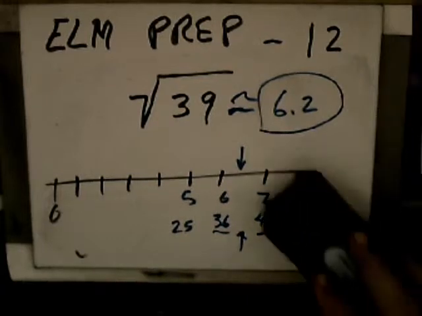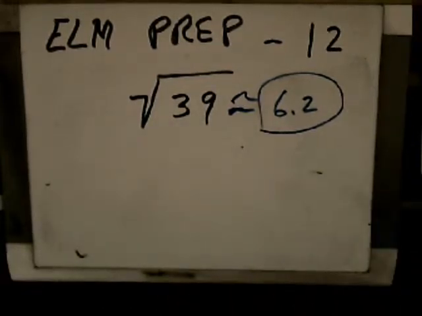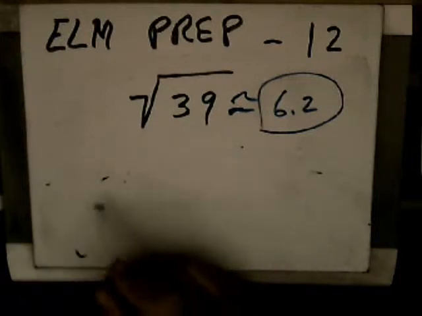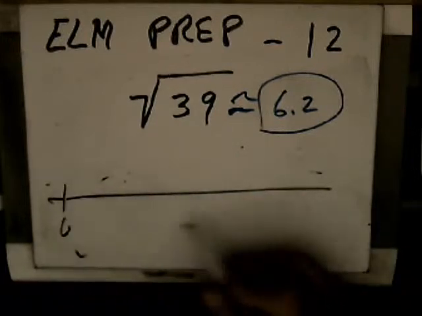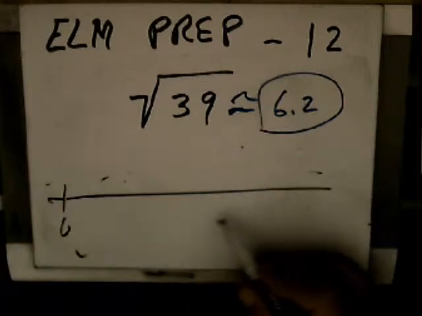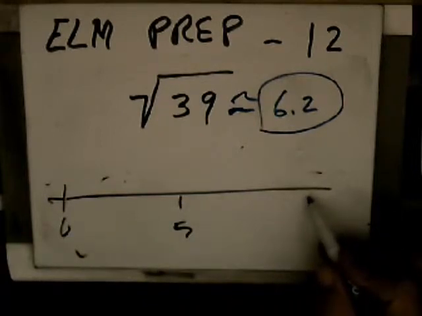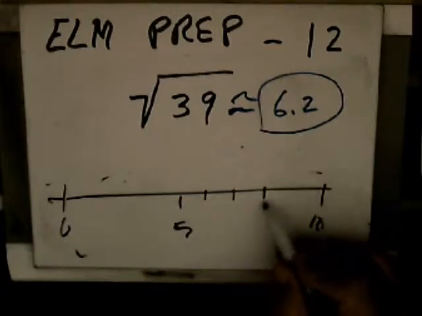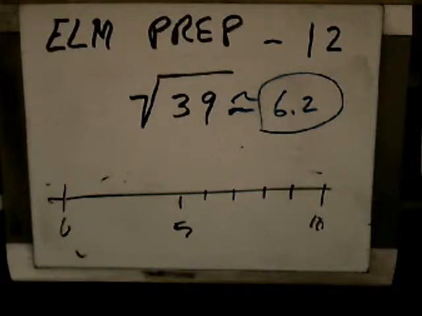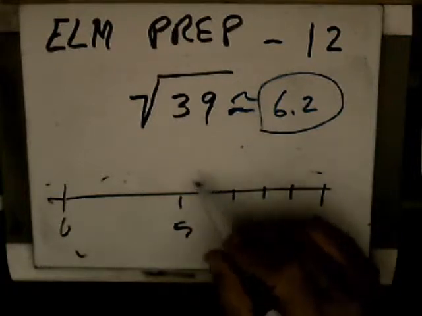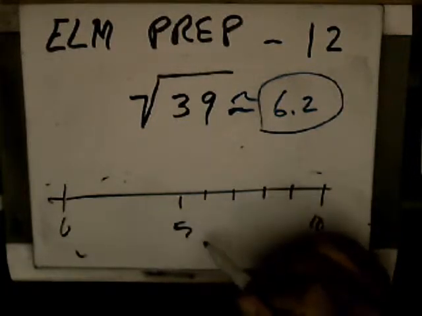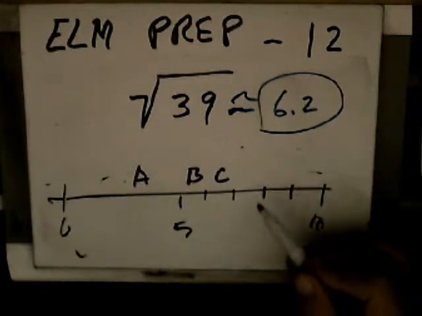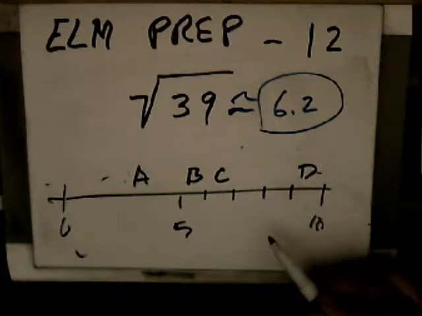So in my answers, I might be given something like 3, or they might just give you a number line, and they might say, okay, here's 5, and here's 10, and they'll break that into 1, 2, 3, 4, and they'll give you an A, a B, and a C, maybe something like that, and a D out here.